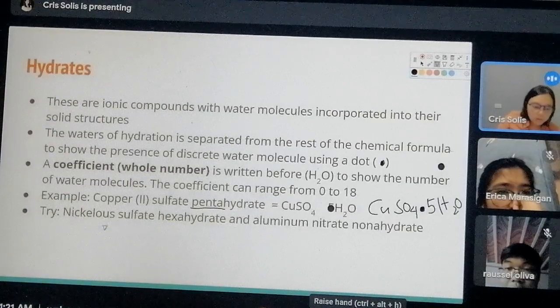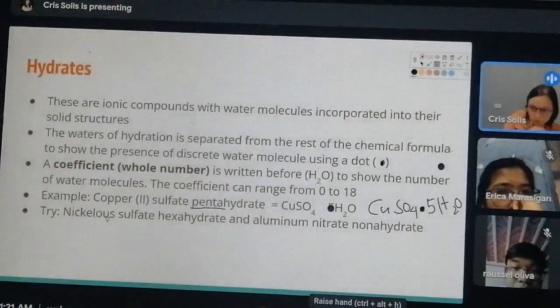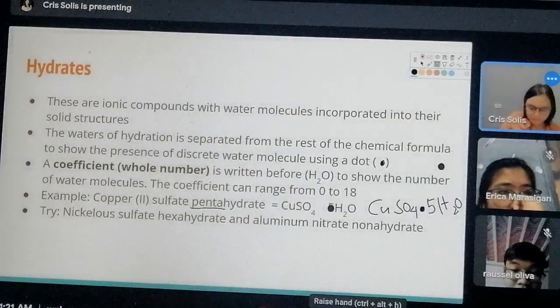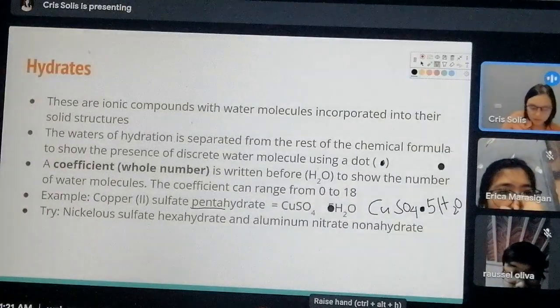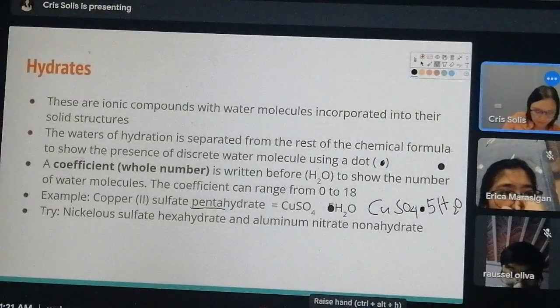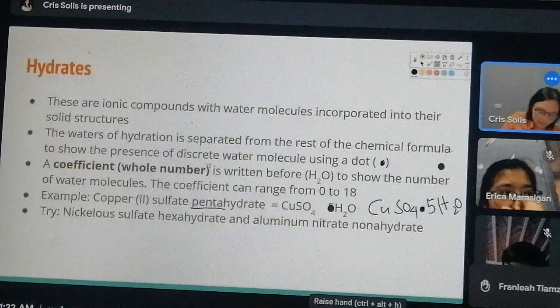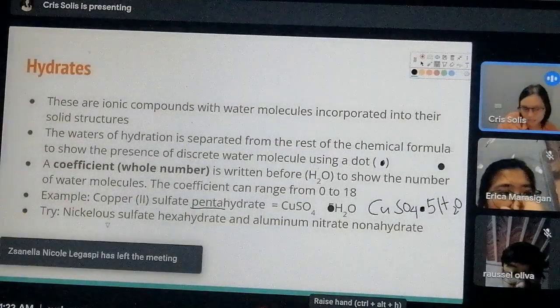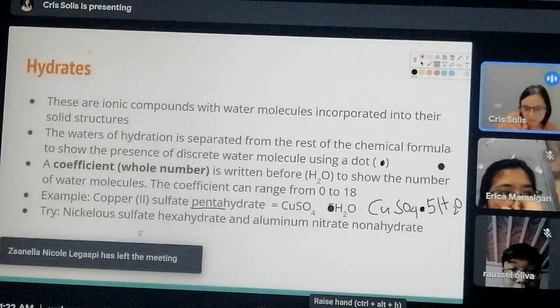So, ito, nickel sulfate. How do you write nickel? Nickel sulfate. How do you write it down? Diba you have nickelous and nickelic. Nickelous lang tayo. Kailangan ko lang kayo sa sulfate.